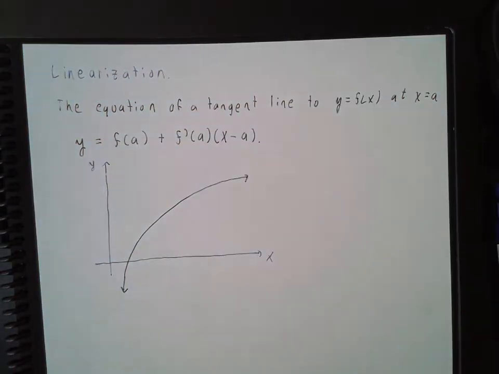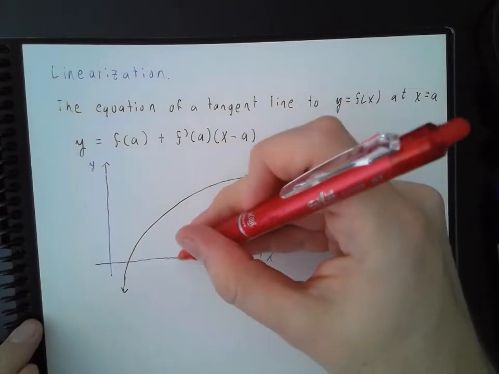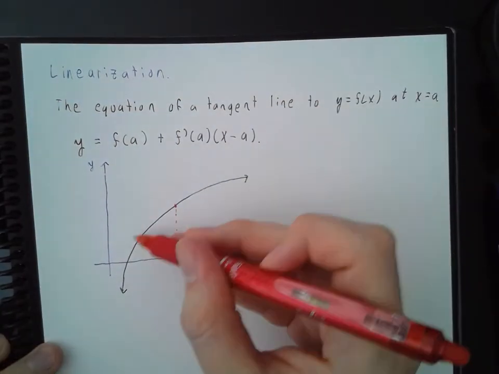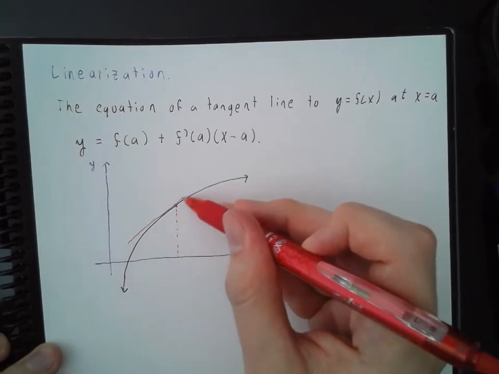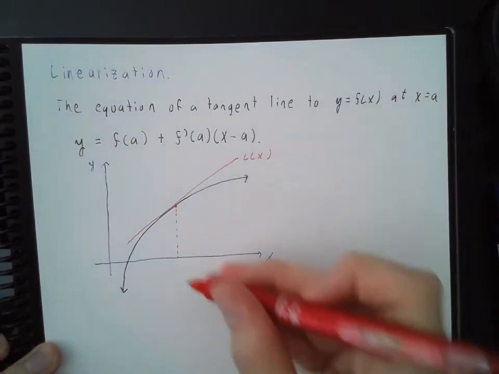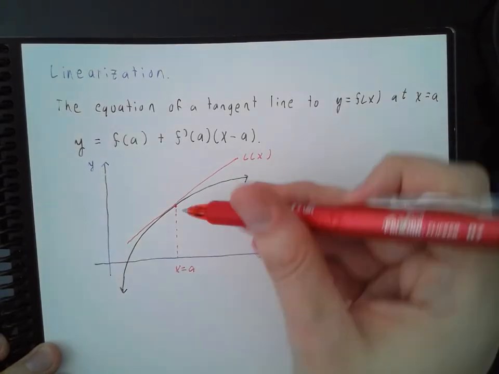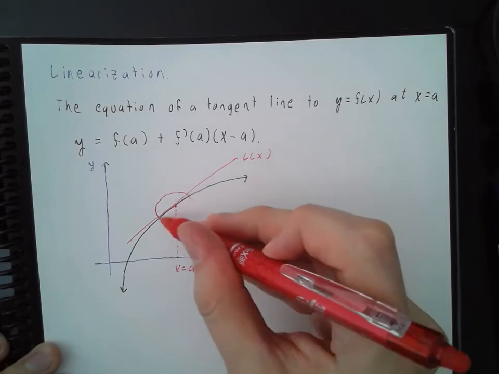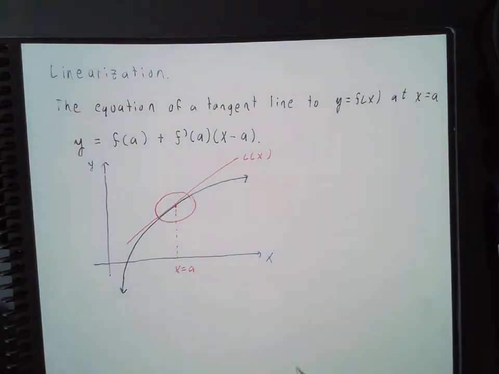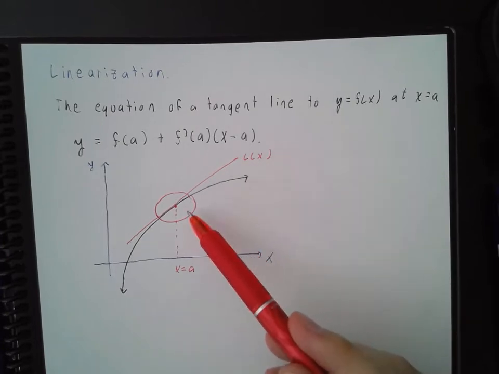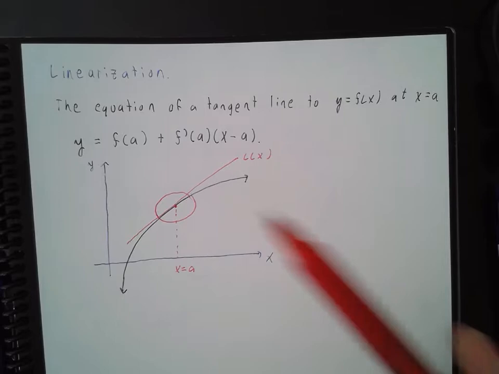And if we want to find the equation of a tangent line at x is equal to a, what we're going to notice is that if we're very close to x is equal to a, the tangent line is giving us a very good approximation of the function values of this function.